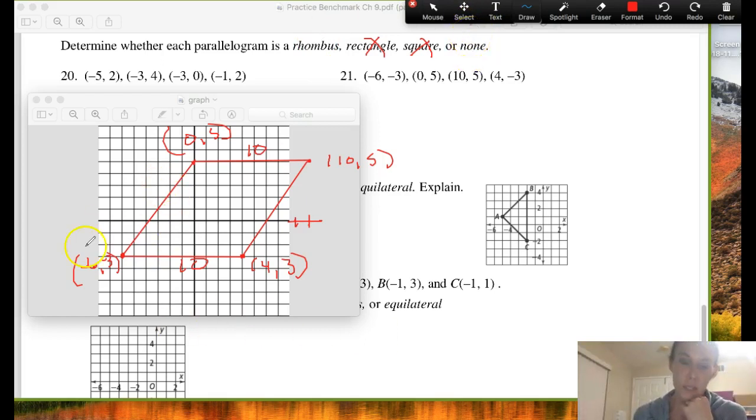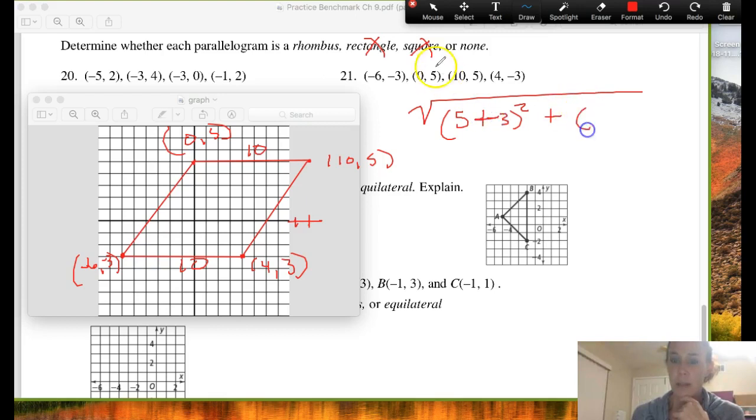So check the distance here with the distance formula. We're going to go between these 2 points right here. Between these 2 points, we're going to go y minus y, 5 minus -3. Got to be really careful not to make errors here. Double negative makes a positive, and then x minus x, 0 minus -6.